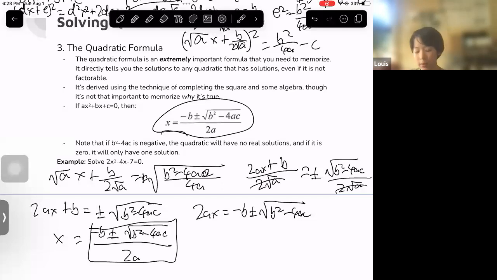And if it is 0, it will only have one solution, namely negative b over 2a, because it's just negative b plus minus 0. And obviously if it's plus and if it's minus, it would both equal negative b over 2a. So I'll give you guys a few minutes to solve this problem right here.